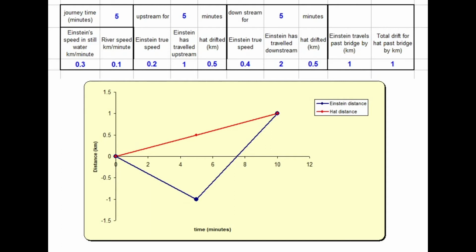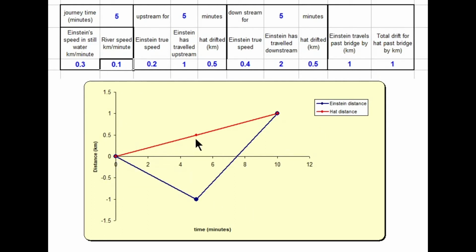So I constructed in Excel a small spreadsheet and put the values in for Einstein's speed in still water and the river speed of 0.1, and then it obviously sketches things out. Now the distance is flipped here.